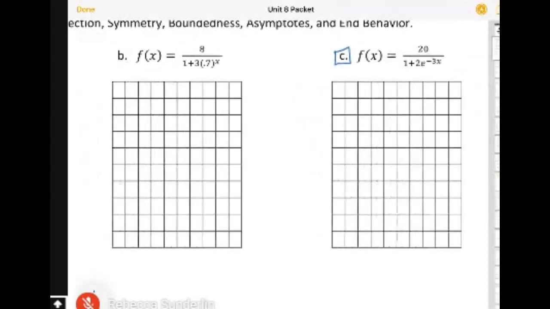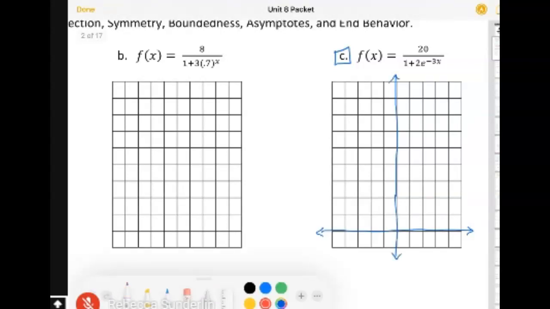We'll have this be our x-axis, this be our y-axis, and because the lines here don't increase very nicely, I'm going to say every other line is 5. So down here, obviously at the origin is 0, up 2 lines is 5, 10, 15, 20. So this is my asymptote. Y equals 20.